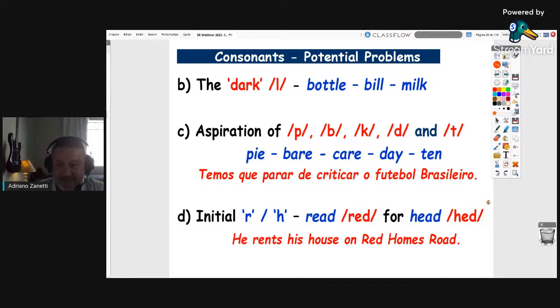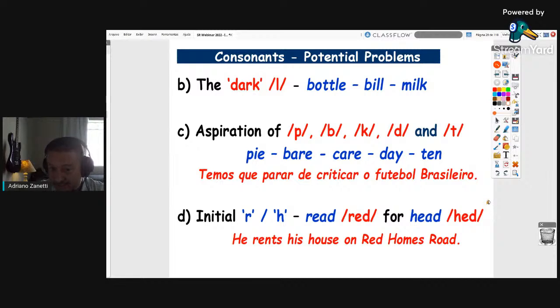Okay. Now I'm going to use another technique, adding intonation to this. The Brazilian intonation: Temos que parar de criticar o futebol brasileiro. Now using a different intonation from Brazilian Portuguese, BP: Temos que parar de criticar o futebol brasileiro.